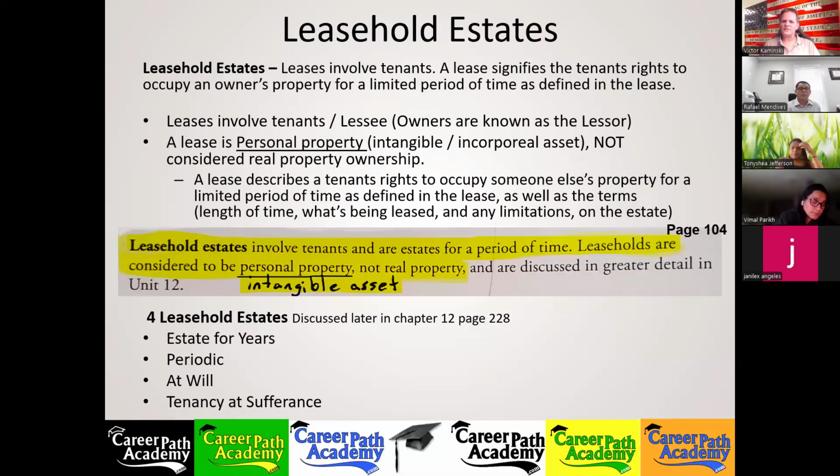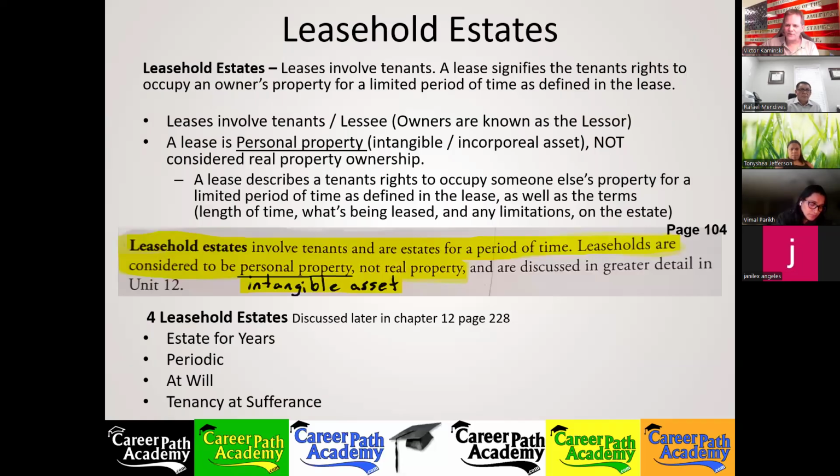So a lease describes a tenant's right to occupy someone else's property for a limited period of time as defined in a lease, as well as the terms, the length of time, what exactly is being leased, and any other limitations on the estate. Like, you could rent a house from somebody and they could say, well, the garage is off limits. That's where I keep my car and my motorcycle, and I got my tools out there.